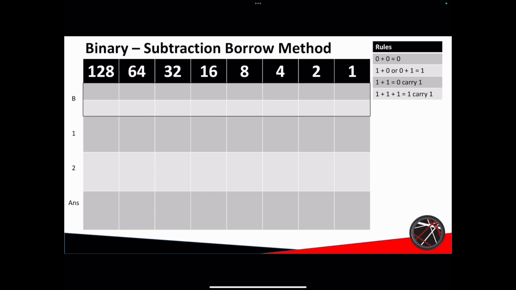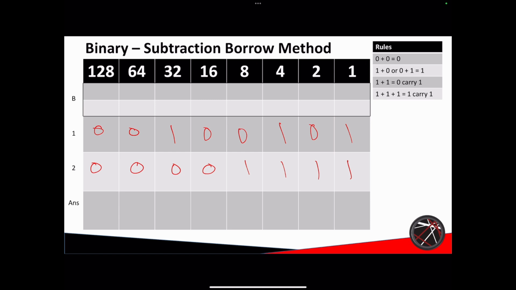So if I have my first number, let's take something like this for the sake of argument, and I want us to take away this from it. Okay.